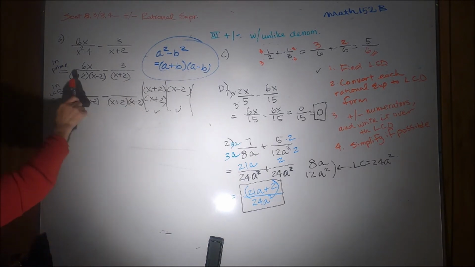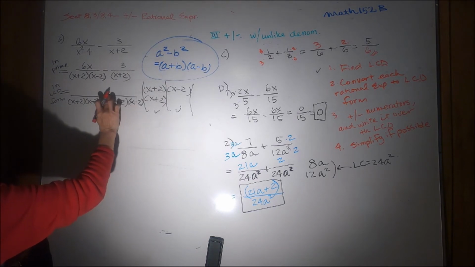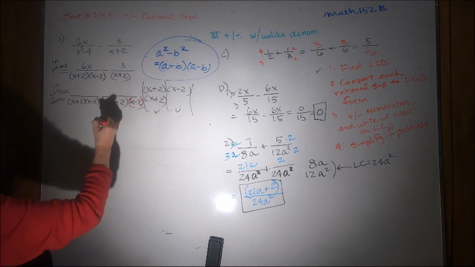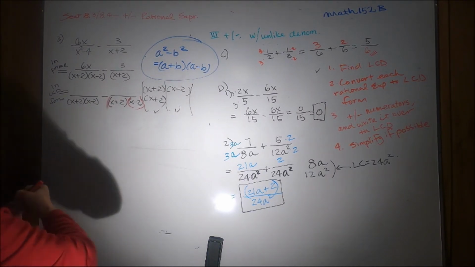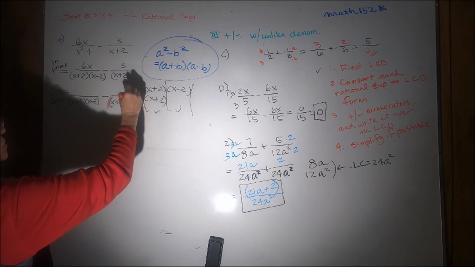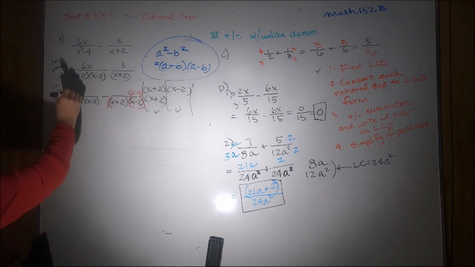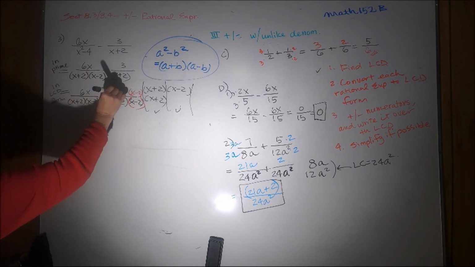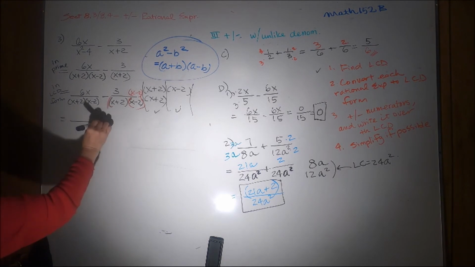Then, this one is the same for the second rational expression. Oops, now this guy. This guy is extra. X minus 2 is extra, right? So, if this is extra, you need to multiply the bottom and the same thing for the top. So this one is that, right? Then what do we have?